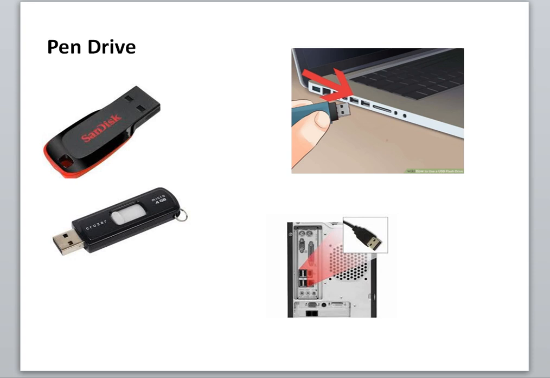That's why we are using this pen drive. And it is a plug and play device. It is also known as USB flash drive. It is used to copy data from one computer to another computer, and it is so small and removable that you can remove it and connect it again.